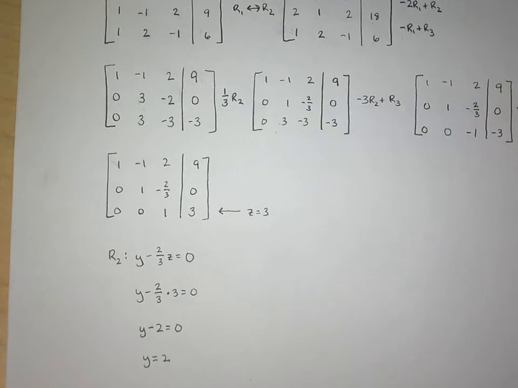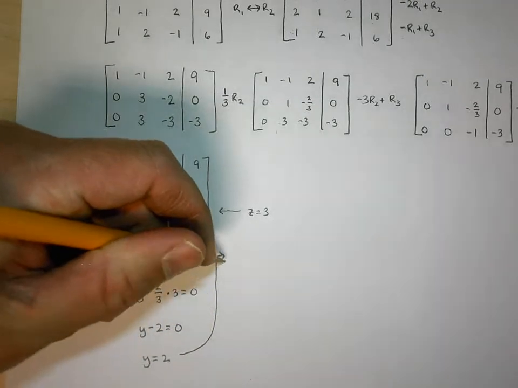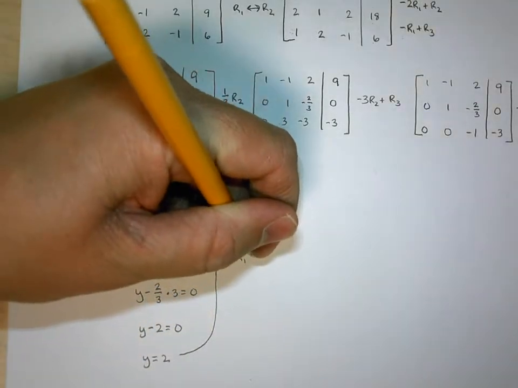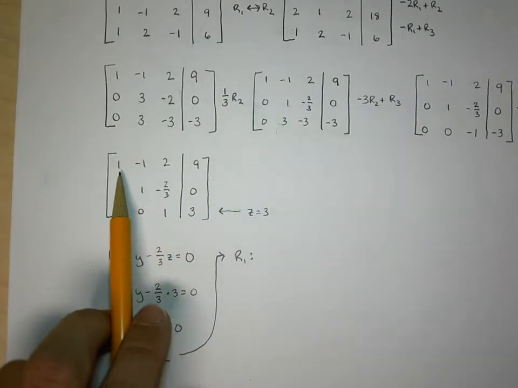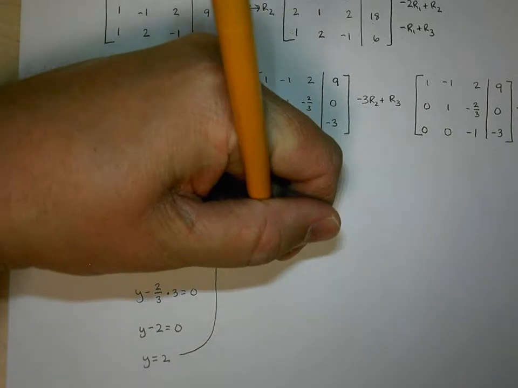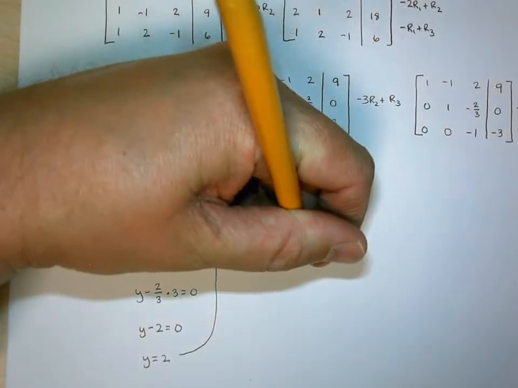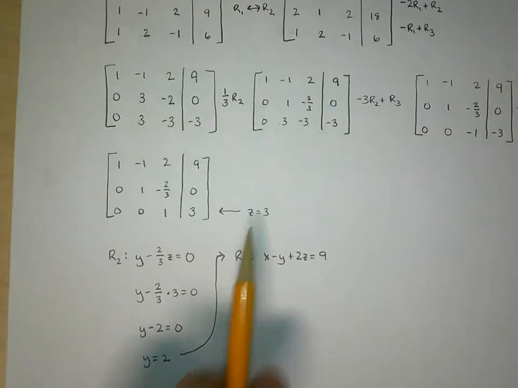Now let's substitute the z equals 3 we already had and this new y equals 2 into row 1. In row 1, it says x minus y plus 2z equals 9. Well, we know y is 2, we know z is 3, so let's put those in.